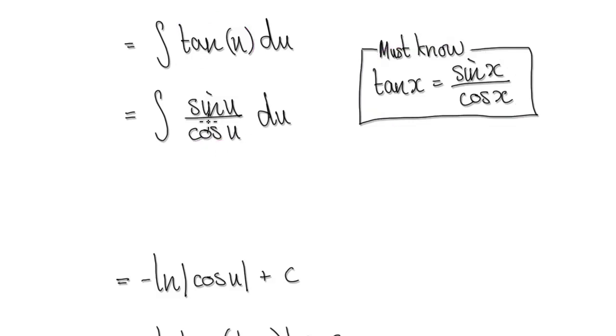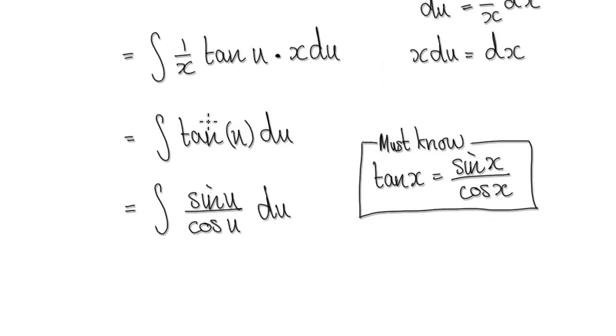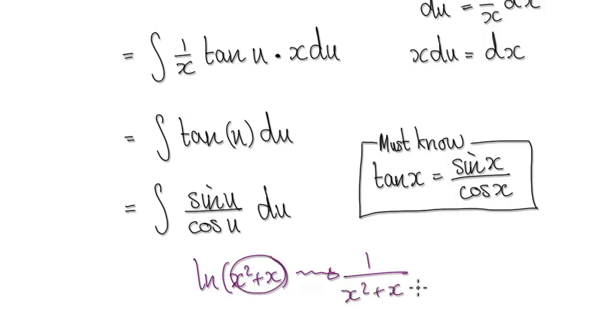So when you integrate this, if I were to ask you to differentiate natural log of x squared plus x, when you differentiate this, it would be 1 over the bubble, which would be x squared plus x, and then you've got to times the derivative of the bubble itself, which will be 2x plus 1.